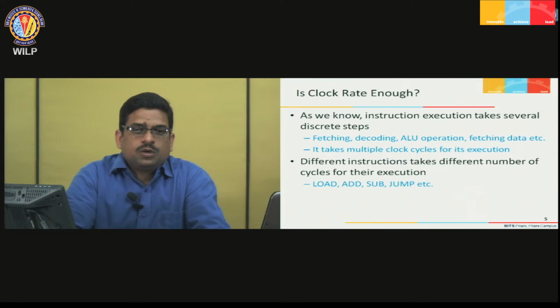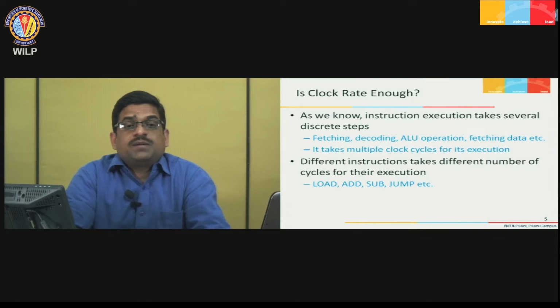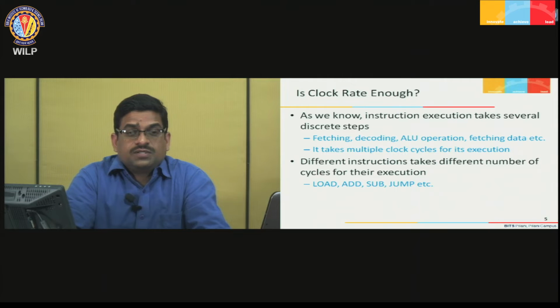For example, a load instruction usually takes more time compared to an add instruction, because in the load the memory reference is involved, and we know that memory is slower than the processor speed. So fetching data from memory will consume more cycles compared to an ALU operation done inside the processor.